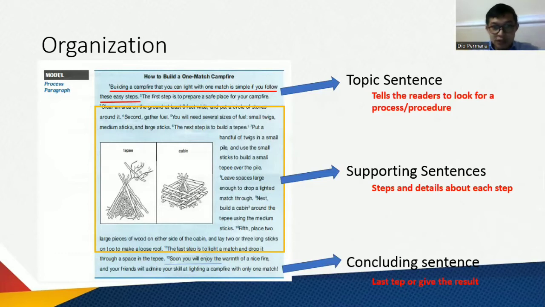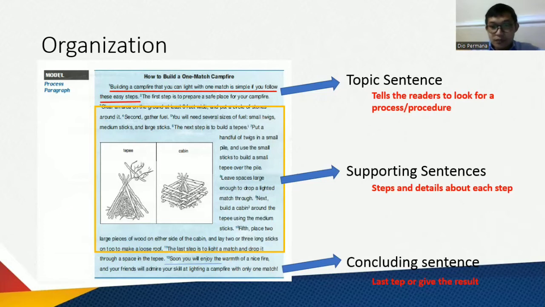As you can see, the red line here is the topic sentence, and after the topic sentence it is followed by the supporting sentences. The supporting sentences consist of steps and details related to making something, with time signals like first, second, third, next, after that.